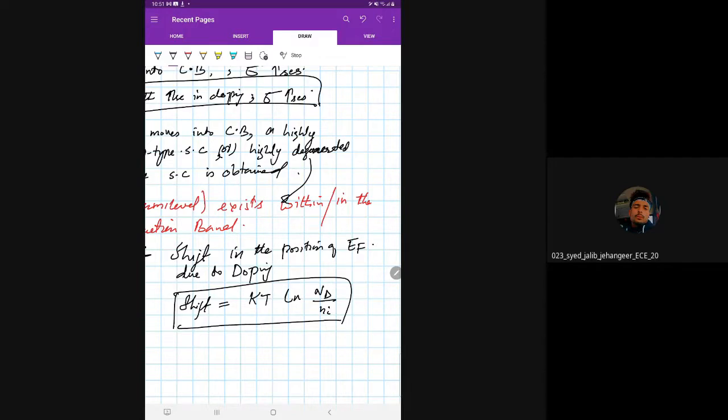And if somebody asks you how much it has been shifted from center to that position, then this is the shift you can calculate by this formula, and it will always be in electron volts क्योंकि forbidden energy gap is measured in electron volts, Fermi energy level is also measured in electron volts, so the shift will always be in electron volts.